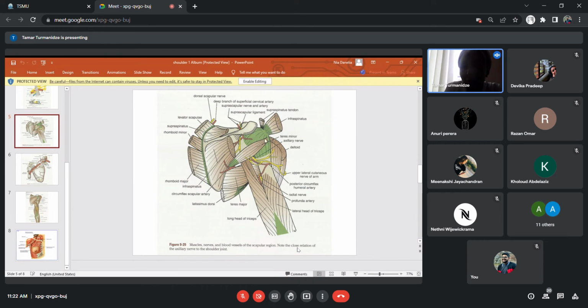So main vessels and nerves of the deltoid region, I repeat, will be axillary nerve, anterior and posterior circumflex humeral arteries.